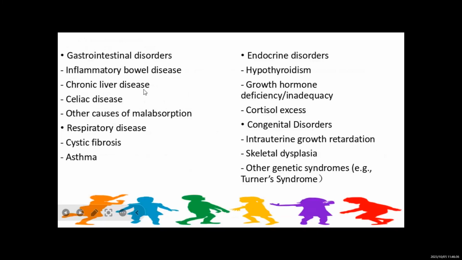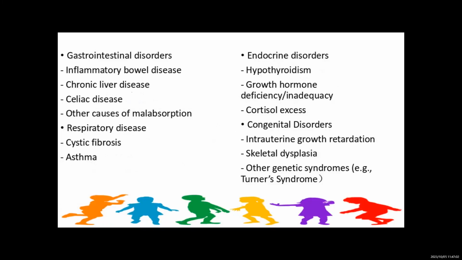So all of these can affect the stature of kids as they're growing up. Respiratory diseases, cystic fibrosis, asthma. Well, not much relates to asthma. It's just additional knowledge. Endocrine disorders such as hypothyroidism.